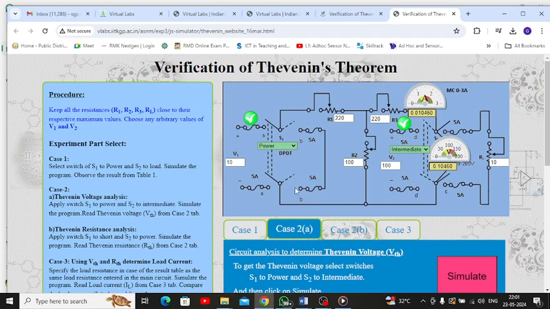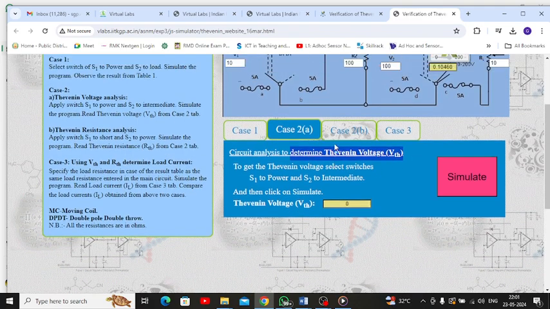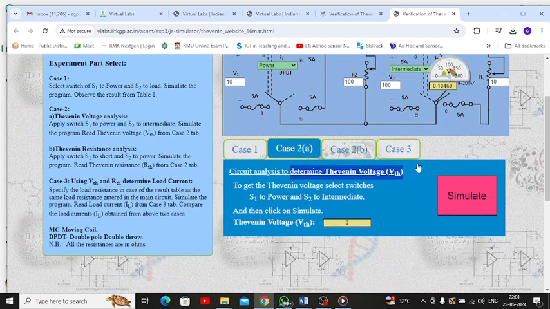Keeping at case 2a, we are going to determine the Thevenin voltage, or simply the open circuit voltage. In this case the first switch is turned to power and the second switch is kept at the intermediate condition. Clicking on simulate, we calculate the Thevenin voltage as 3.1250, what we obtained in our lab.